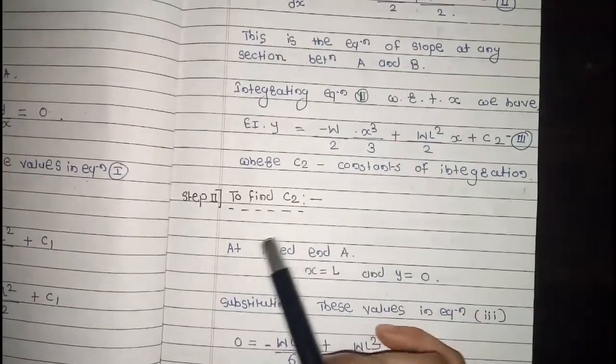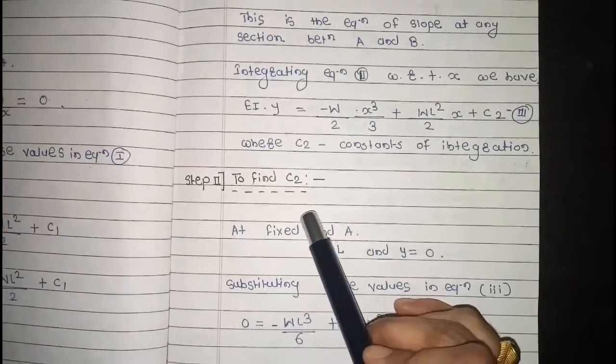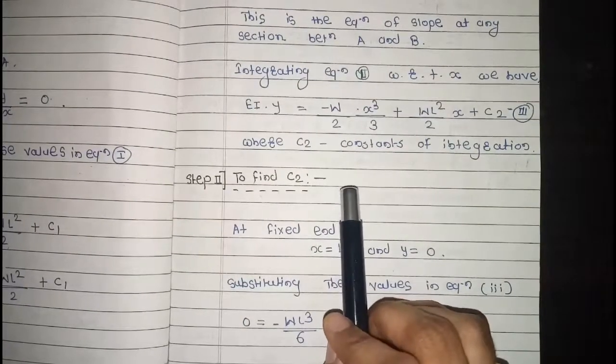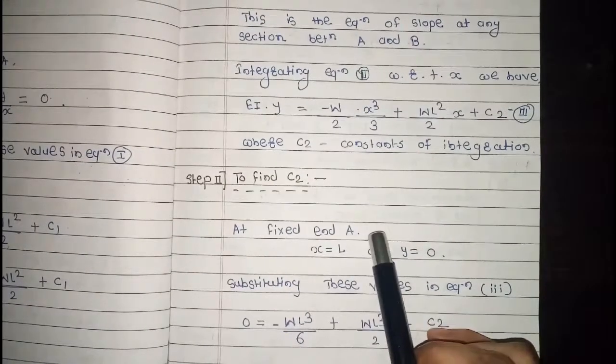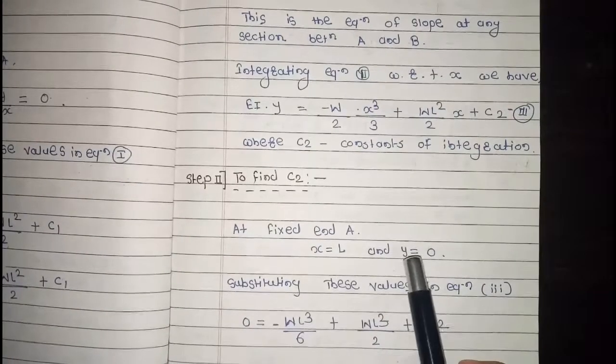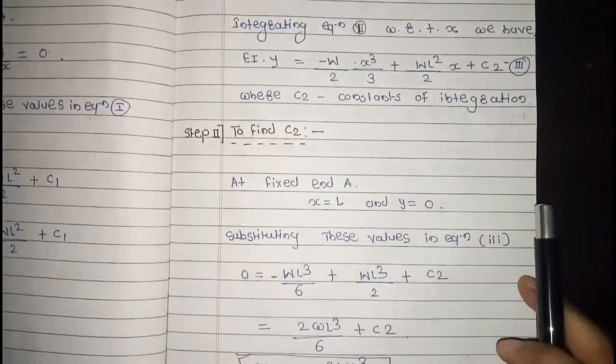So to find c2, step second. At the fixed end A, x is equal to L and y is equal to 0.